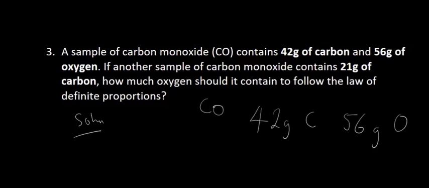CO. Then another sample of carbon monoxide contained 21 grams of carbon. Where did you put it? Put it for carbon. So we have 21 grams of carbon. Say how much oxygen should it contain to follow? Oxygen, we don't know.